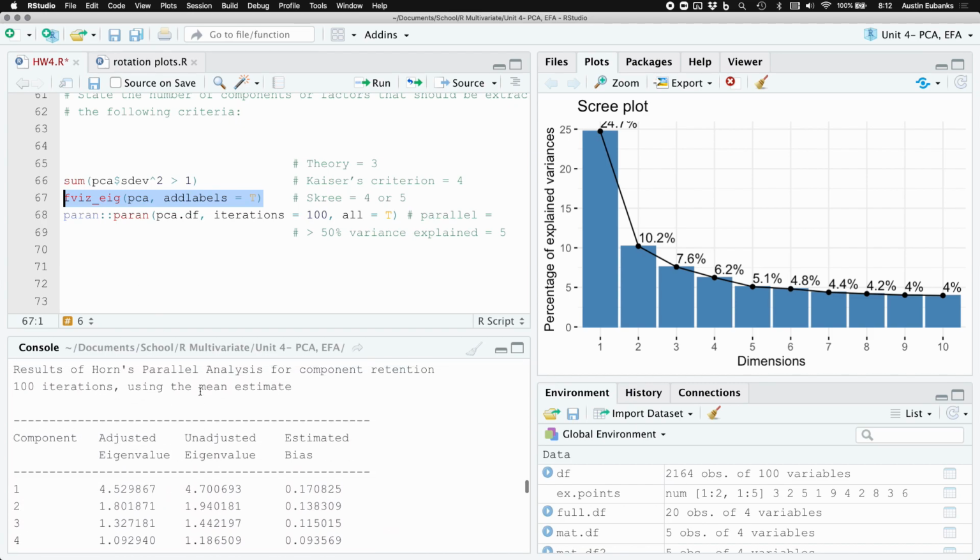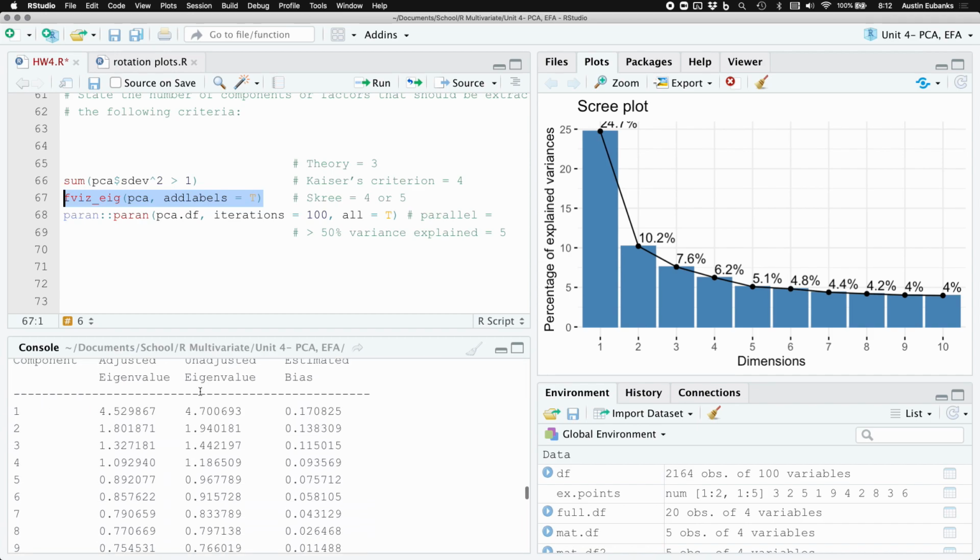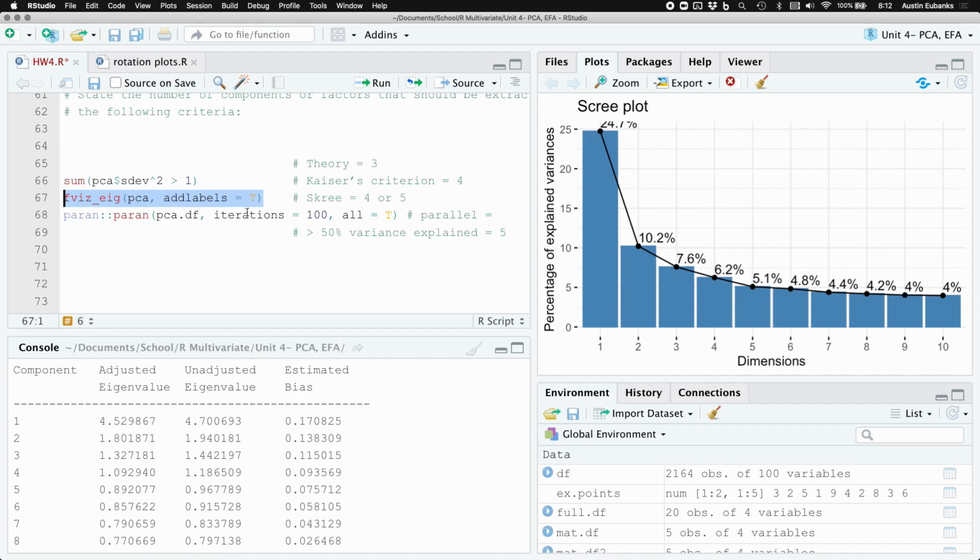I actually didn't get to run the paran because it went by really fast, so can we look at that for a second? That's this line right here.